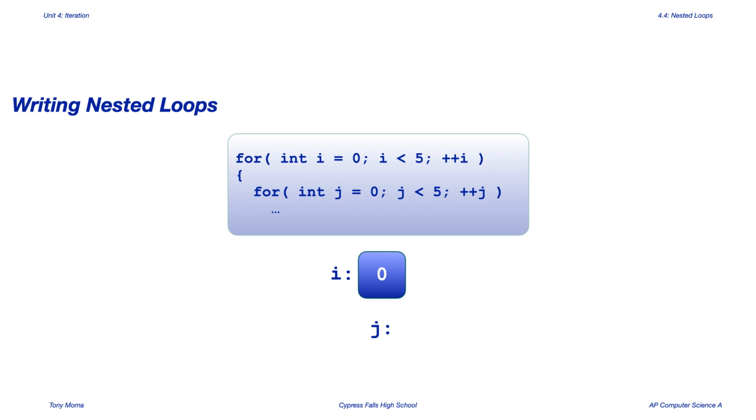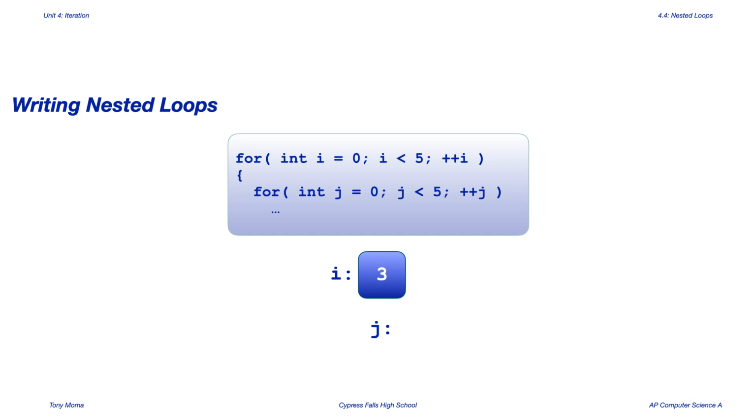Once the inner for loop is complete, we can go back to the outer for loop header. i becomes 1, then we're back inside. j is set back to 0, then it becomes 1, then 2, then 3, then 4, then it's finished. It's back outside. i becomes 2, back inside. j is reset to 0, then 1, 2, 3, 4, then finished.